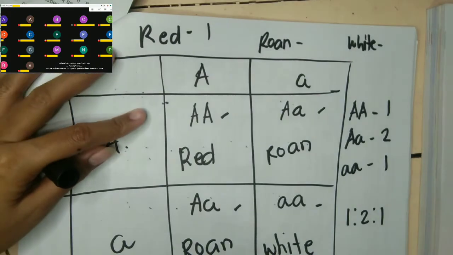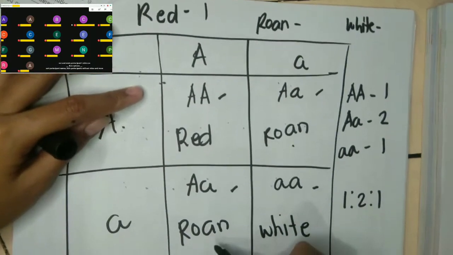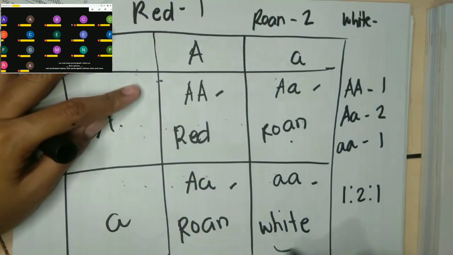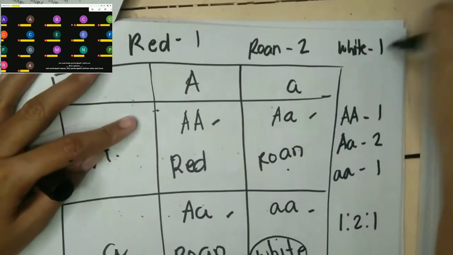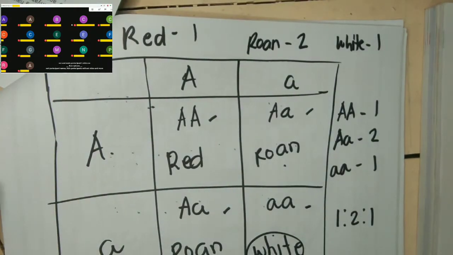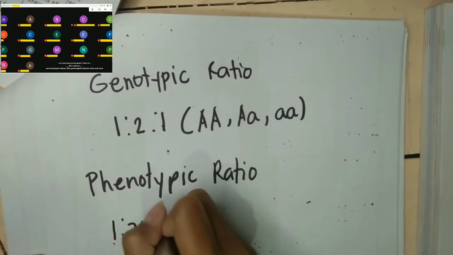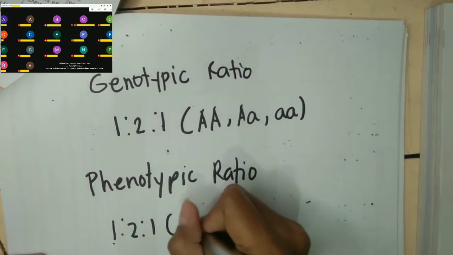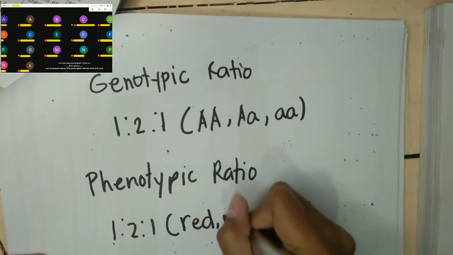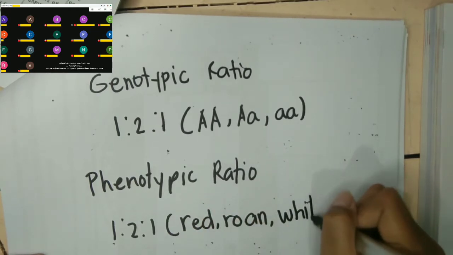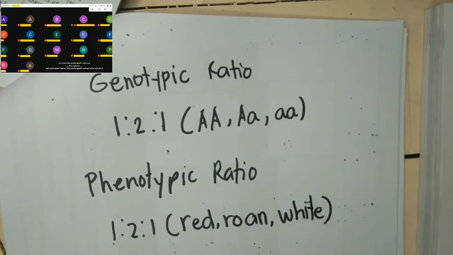How many are red? Okay, we have 1. How about the roan? Very good, 2. How about the white? Okay, we have only 1 white outcome. So we have to tally it for our phenotypic ratio. We have 1:2:1, or red, roan, and very good, white.